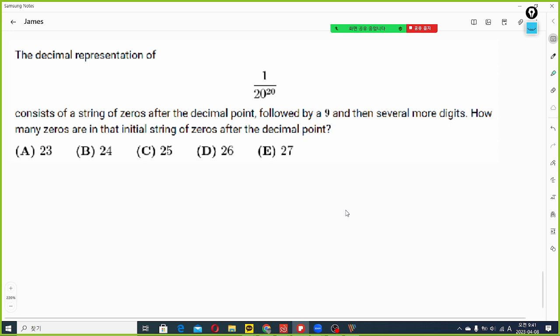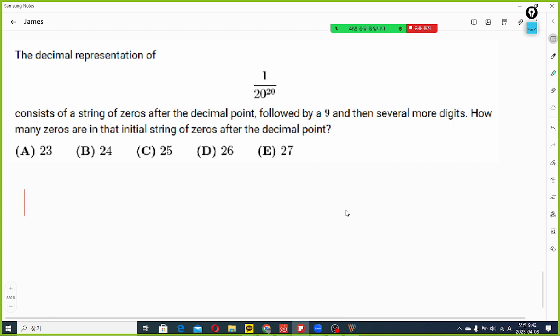Yep, so in this problem, we want to count the number of zeros in this decimal. So we want to estimate this number.